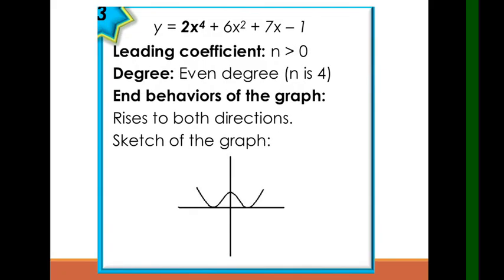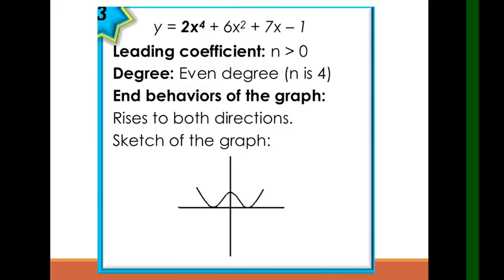Then another, 2x raised to 4 plus 6x cubed plus 7x minus 1. The leading coefficient is greater than 0, so mas mataas siya sa 0. So, even degree, n is 4.